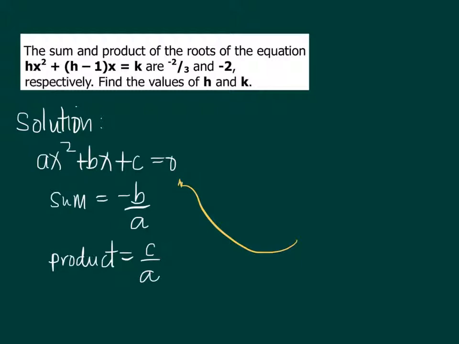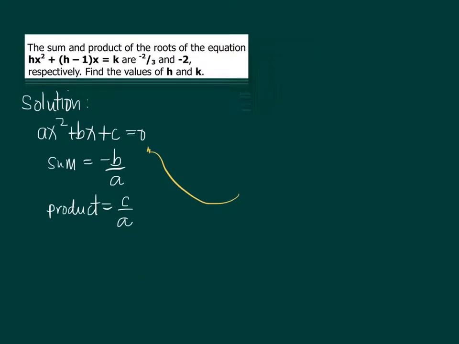So let's take the given equation. It is saying that the equation is hx squared plus (h minus 1)x is equal to k. So clearly it's not in the form of ax squared plus bx plus c equal to 0, because the other side of this equation is not equal to 0. So what we can do is we subtract k on both sides.